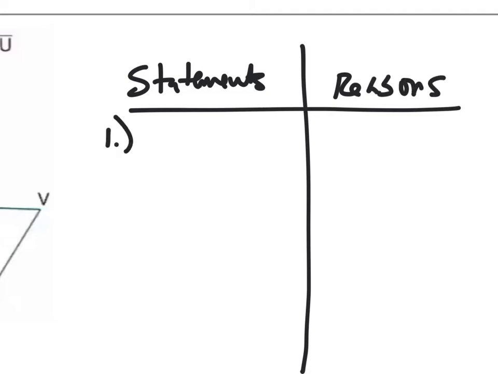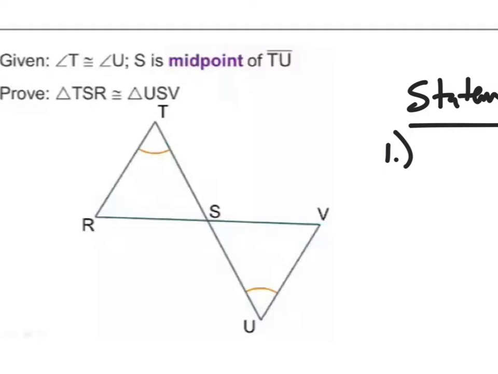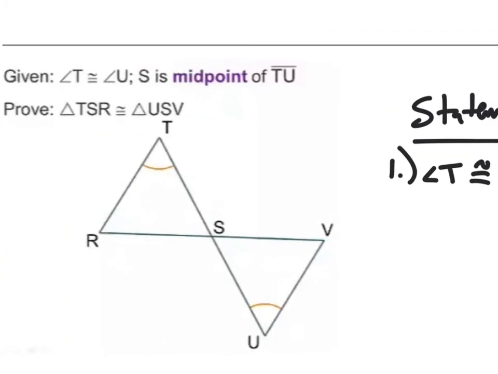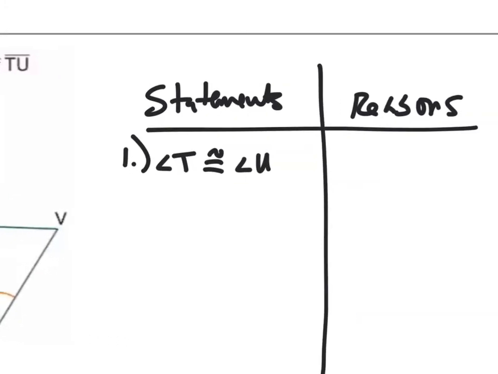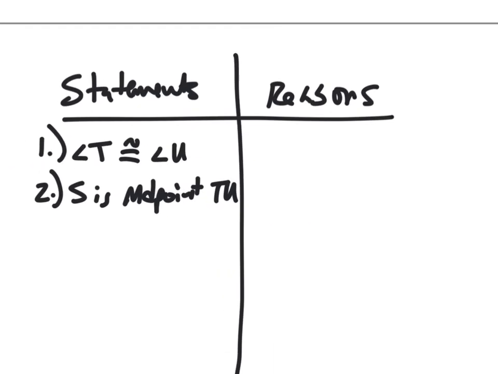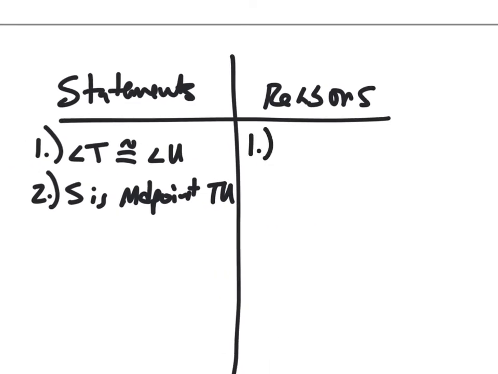My first statement is that angle T is congruent to angle U. And then second, S is the midpoint of TU. And the reason why I can say that is because they're given to us.